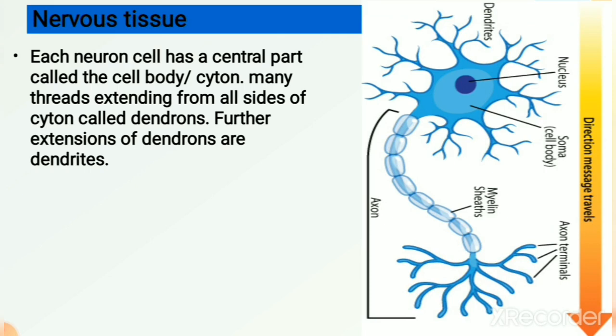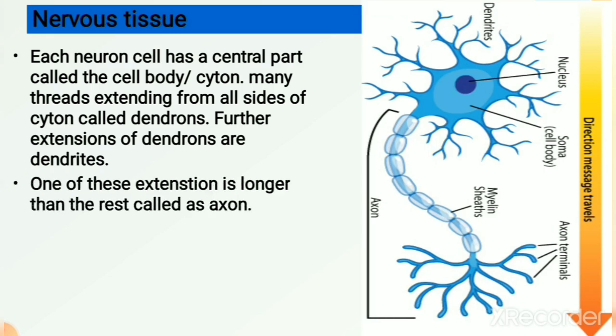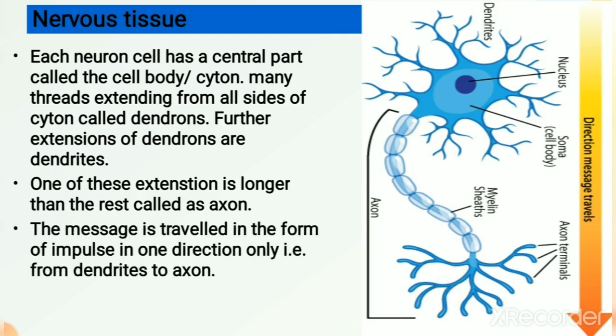Here you need to understand that these nerve cells join end to end and form the nerves. The wire-like nerves in our body consist of bundles of these nerve cells. In the nerve cells, whenever a message travels, it travels in the form of an impulse, and this impulse always travels in one direction. The message always enters through the dendrites into the nerve cell and goes out through the axon.